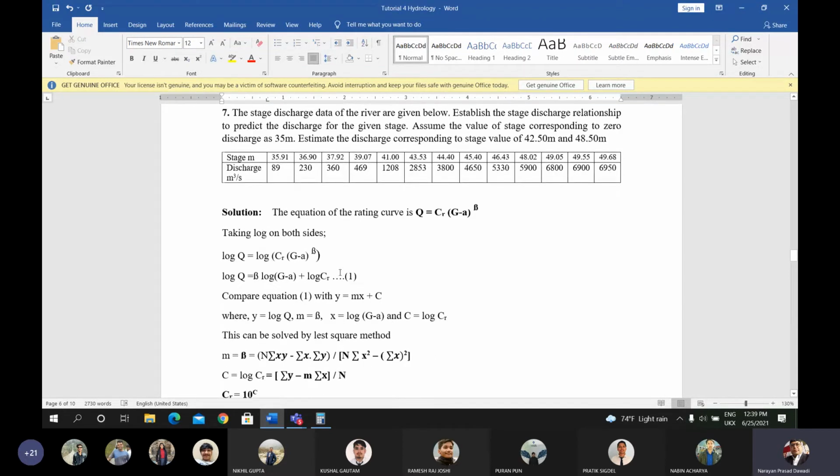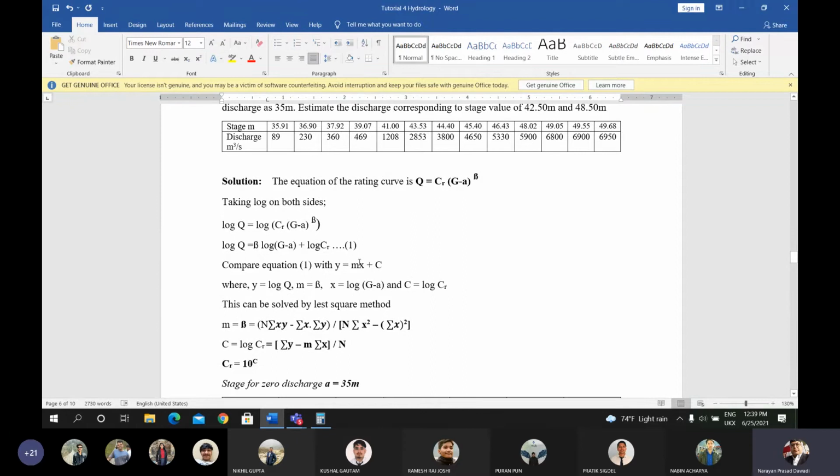This equation can be compared with y is equal to mx plus C, where y is equal to log Q, m is equal to beta, x is equal to log (G minus A), and C is equal to log CR.